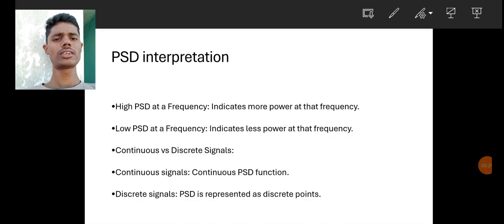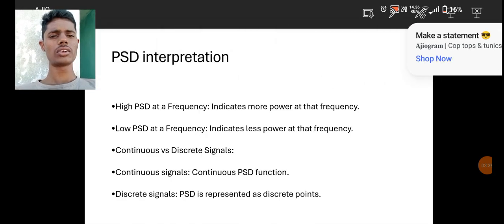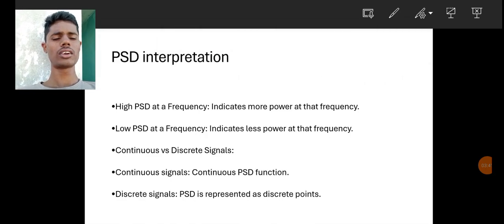In this interpretation, high power spectrum density at a frequency indicates more power at the frequency. Low power spectrum density at a frequency indicates less power at the frequency. Continuous versus discrete signal: in a continuous signal, the power spectrum density function is a continuous function.